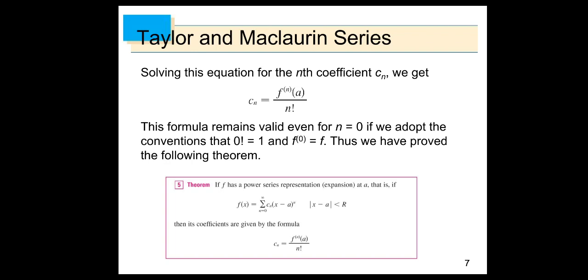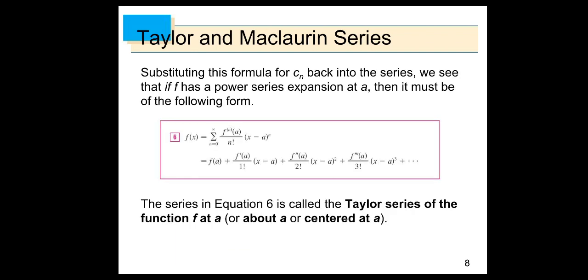So the coefficients of the functions are given by this formula: c sub n is equal to f superscript n of a divided by n factorial, right? So substituting this formula for c sub n back into the series, we can see that it is a power series expansion at a, and it must be in the following form, right?